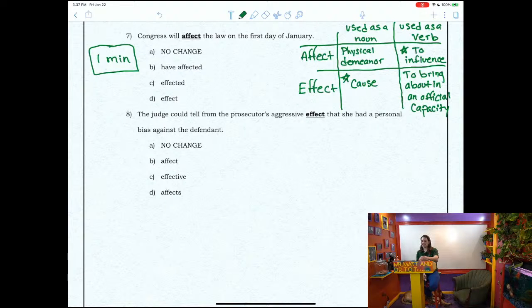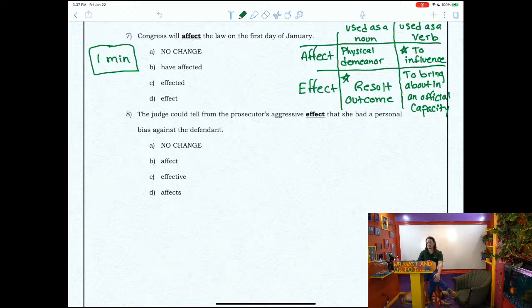Okay, so for 7 and 8, we're really just testing the diction of and word choice between affect and effect when used as a verb or a noun, and whether it begins with an A or an E. So that's what makes these words, these homonyms, really tricky, because they sound very similar, unless you shift your pronunciation a little bit with affect versus effect.